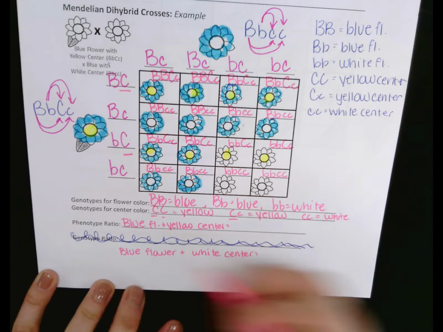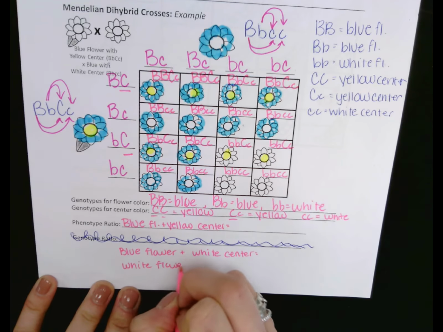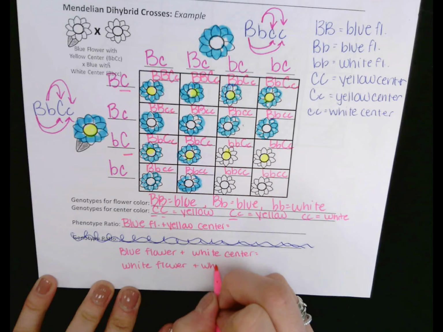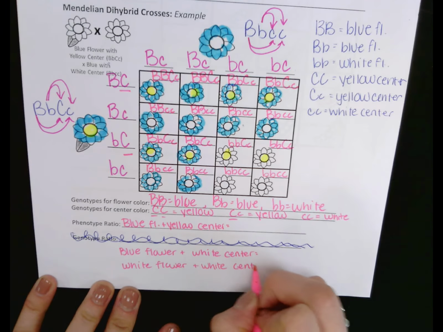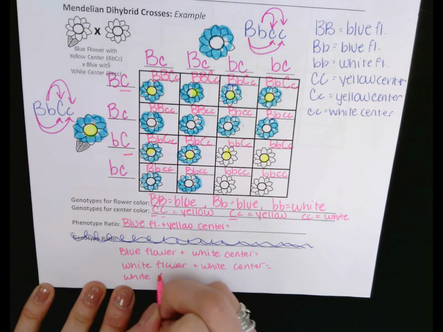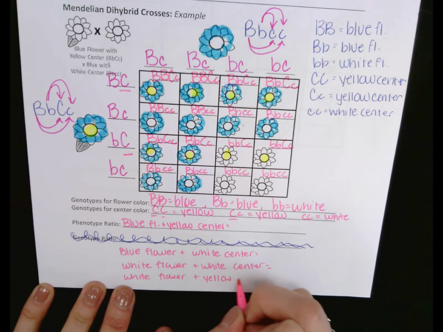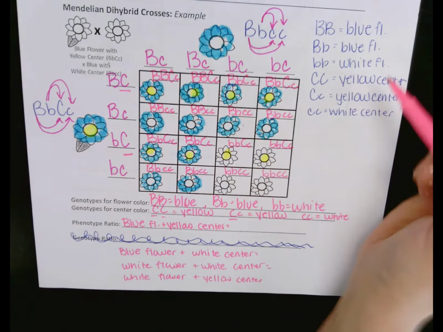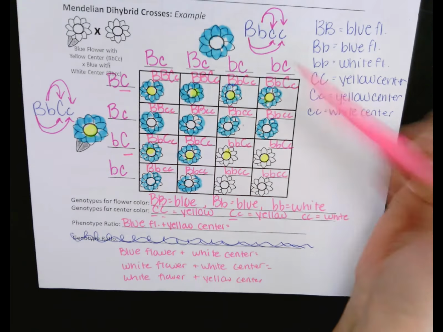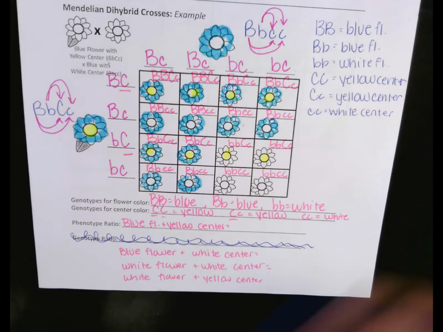We know that there could be a white flower with a white center, and that there could be a white flower with a yellow center. And you can either see that by looking at these genotypes and combining them, or you can look if you colored them. And that's why I recommend using colors if you're working through these and having trouble in the beginning.